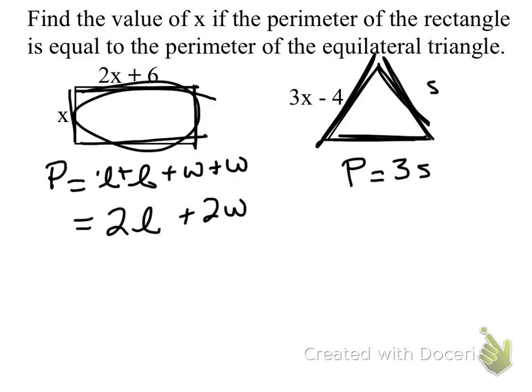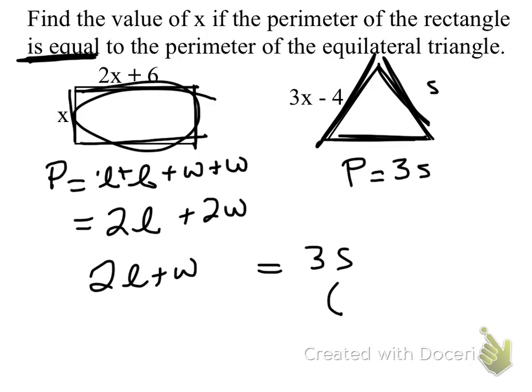But this says, find the value of x if the perimeter of the rectangle is equal. So I have to set them equal. 2L plus 2W is equal to 3S. Now, what's the measure of a side? David, for a triangle. 3x minus 4 times 3 sides.